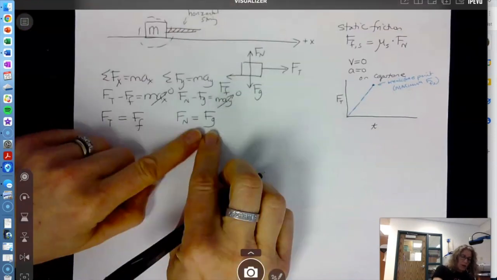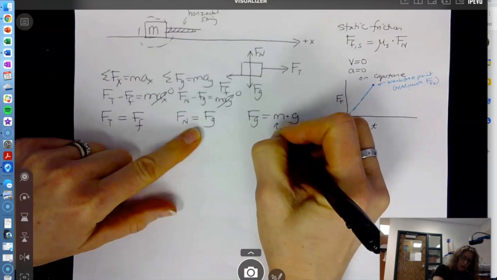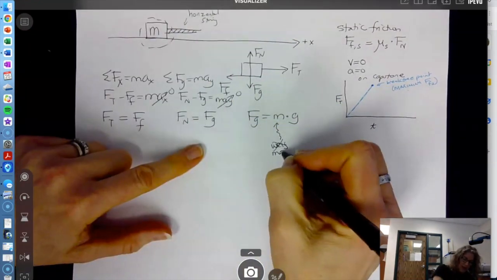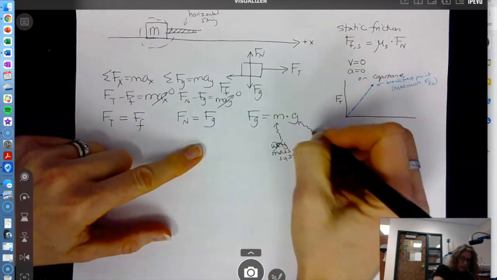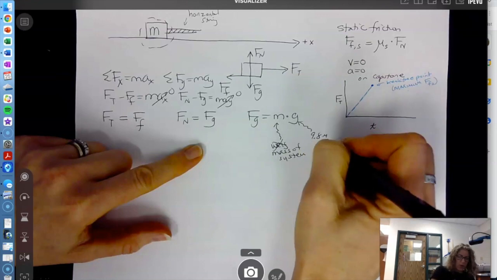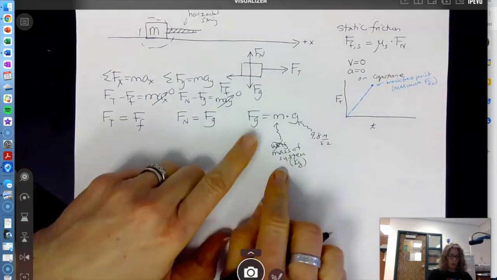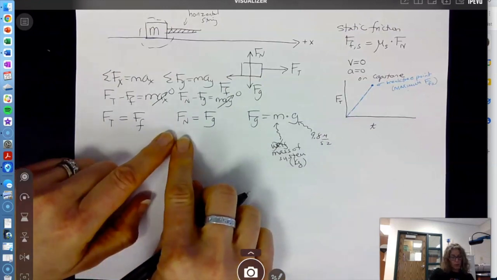So you can calculate weight by doing mass times gravity. So this is going to be the weight, the mass of the system, and this is, as usual, just 9.8 meters per second squared. So you're going to need to figure out what the weight of the system is by doing mass times gravity, and then that'll give you your normal force.